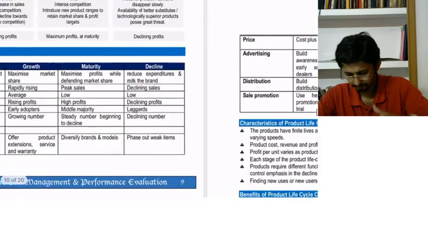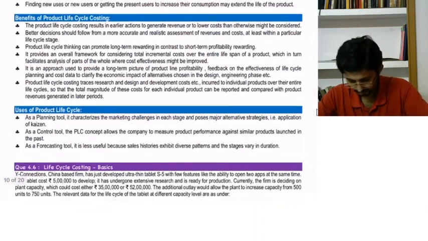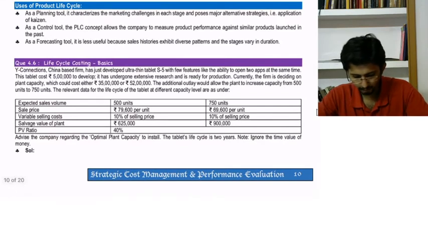Okay, so you can take page number, I think, page number 10, question number 4.6.